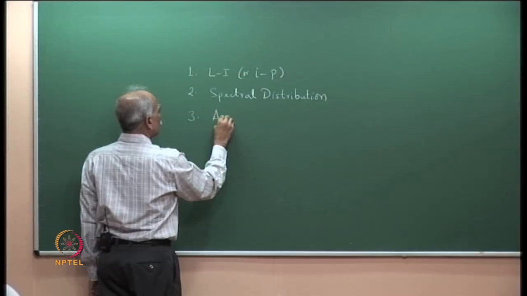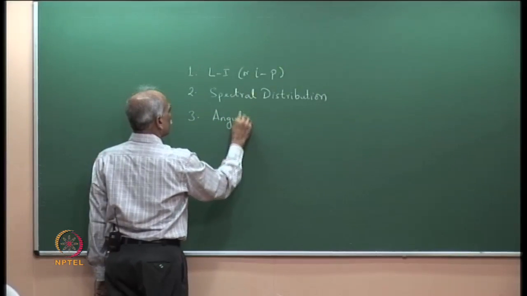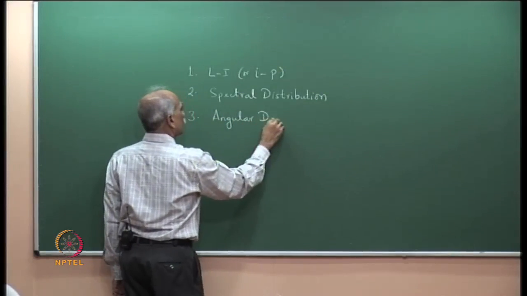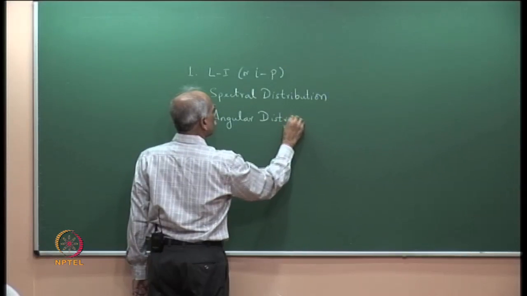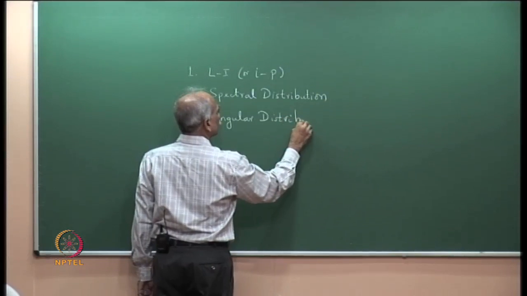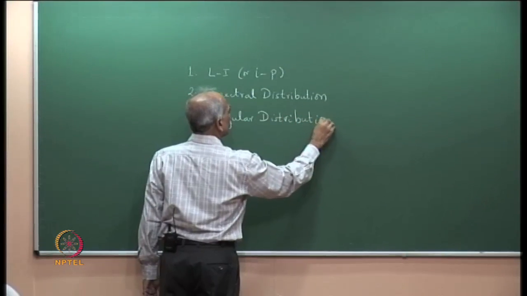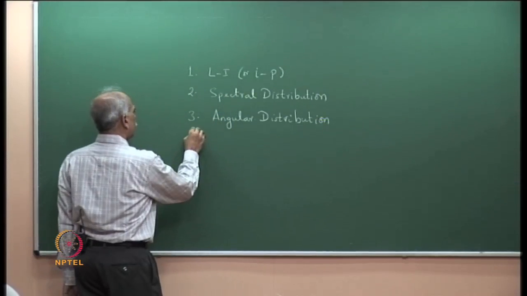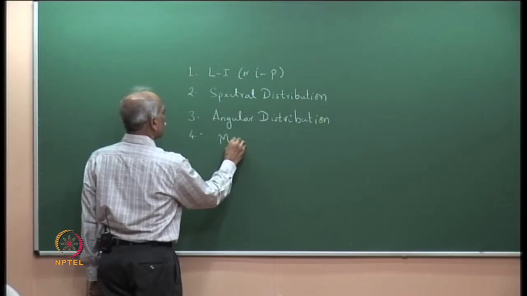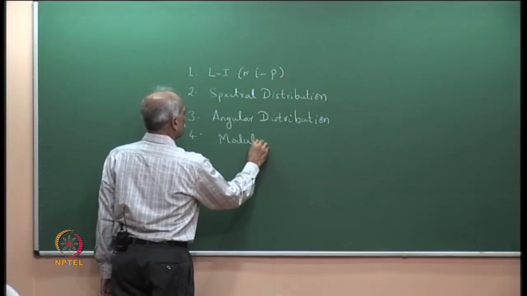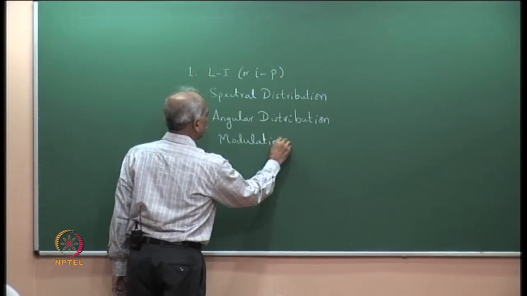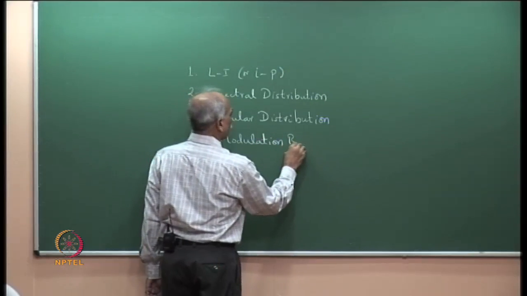The third is the angular distribution or radiation pattern, and the fourth one is modulation bandwidth. These are some of the important device characteristics.